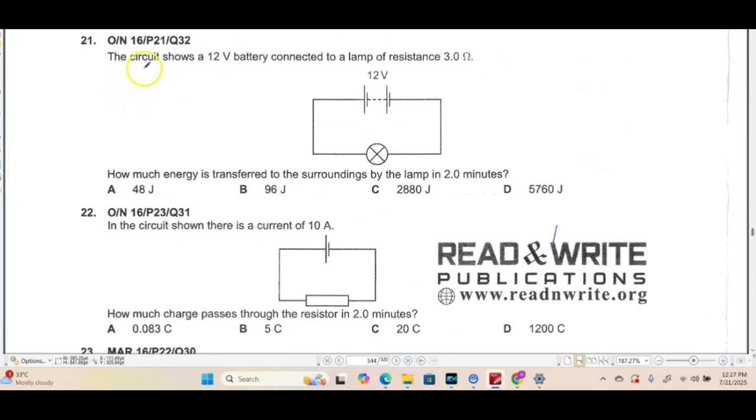Question number 21. The circuit shows a 12-volt battery connected to a lamp of resistance 3 ohms. How much energy is transferred to the surrounding by the lamp in 2 minutes? We have to find the energy now.